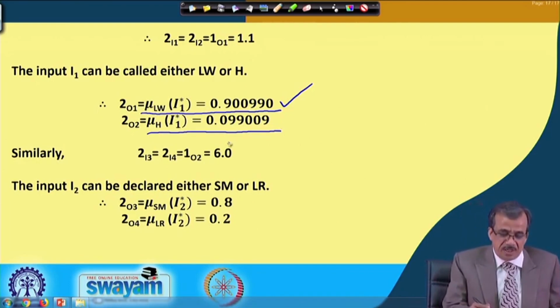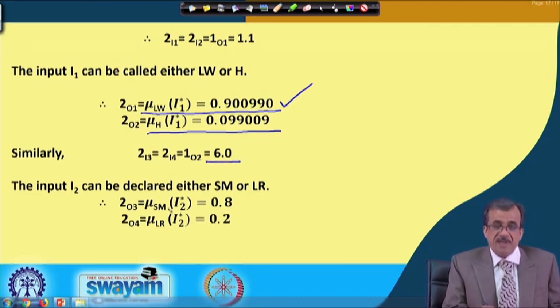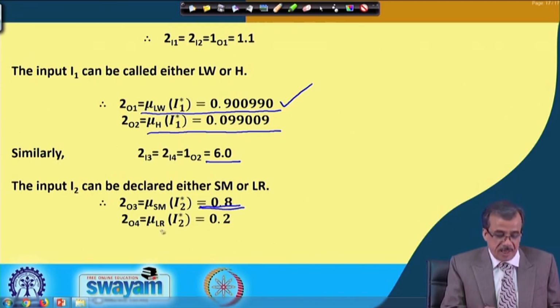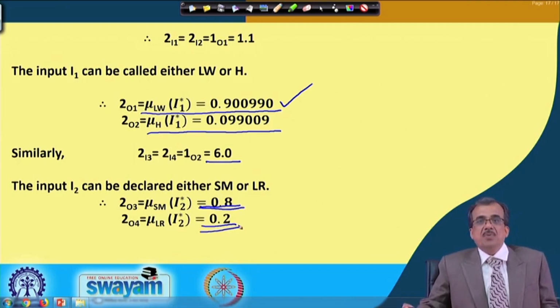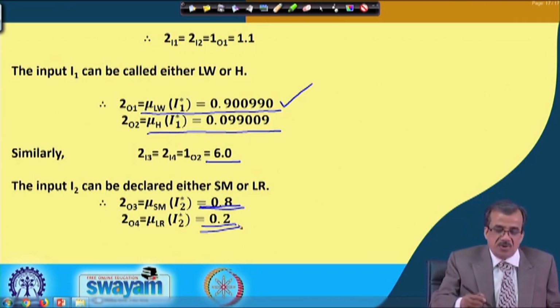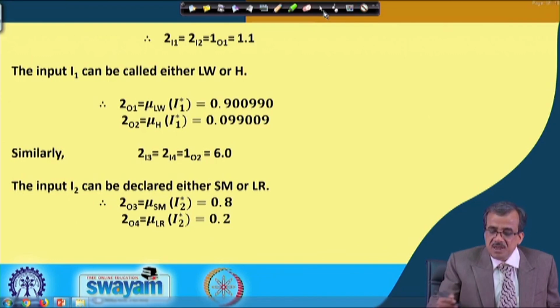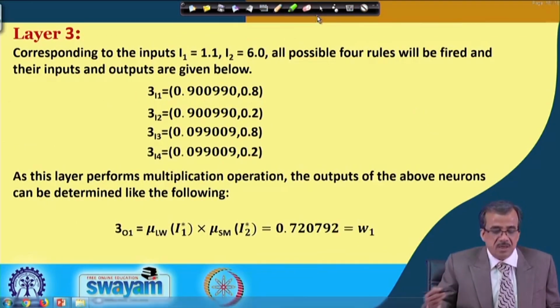Similarly, corresponding to the second input, that is equal to 6.0, we can find out the mu values: mu sm corresponding to I2 star is nothing but 0.8, then mu large corresponding to I2 star is nothing but 0.2. And how to determine those things we have discussed several times in detail.